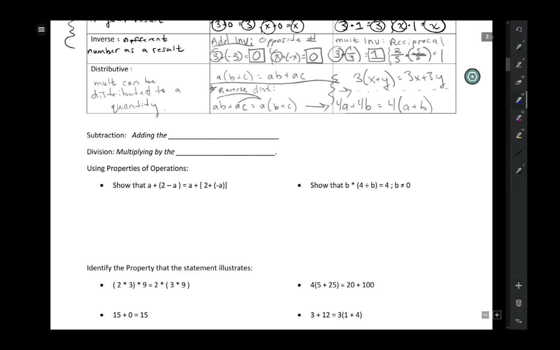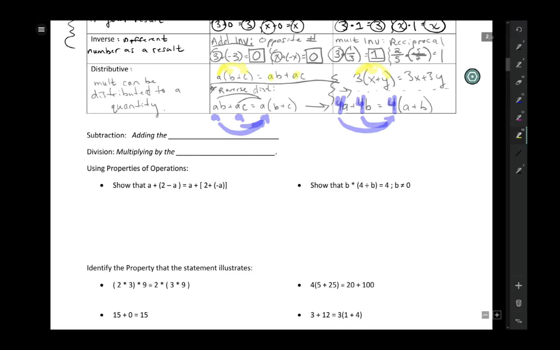So notice, everything shares this 4, so we can bring it out. That's just the opposite of distributing. Okay? But we will be practicing with that.